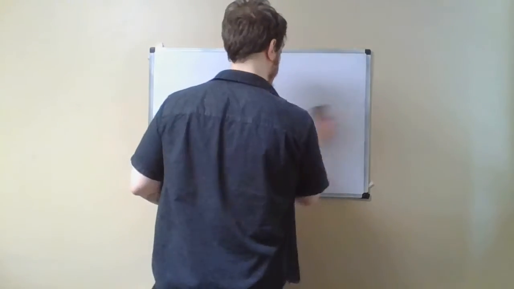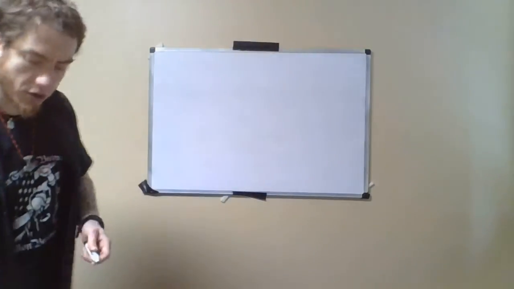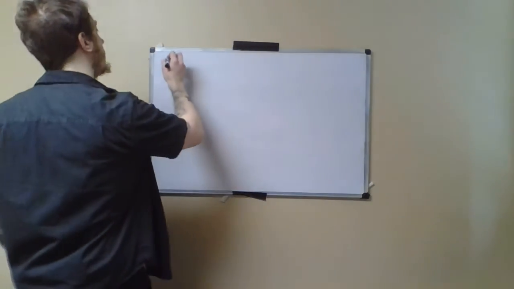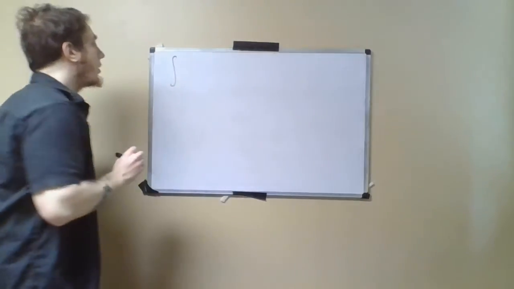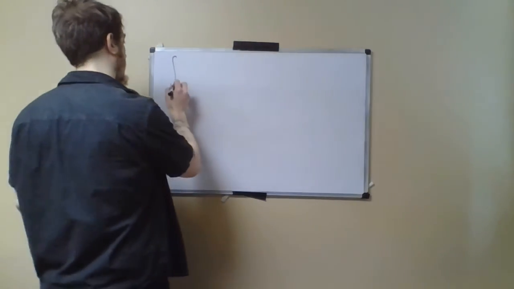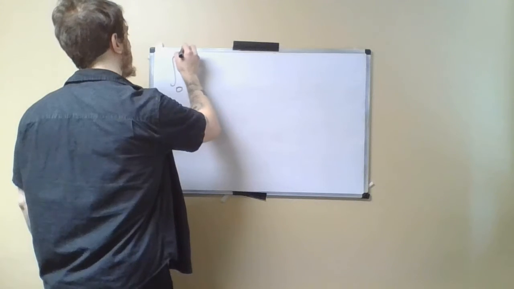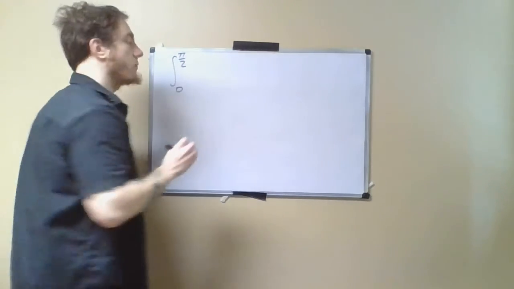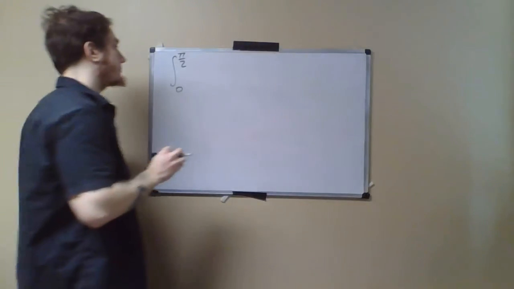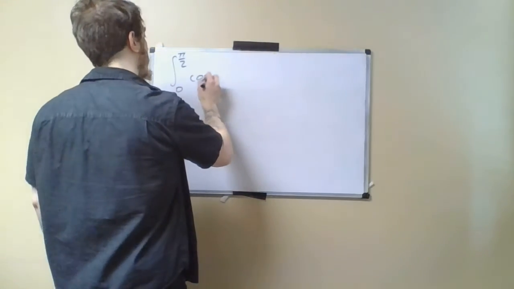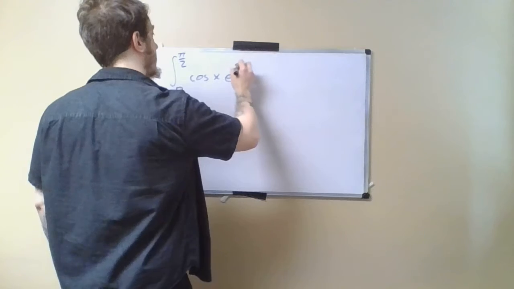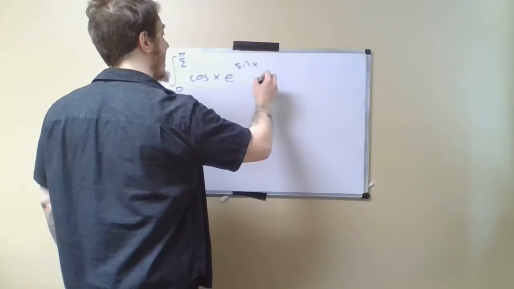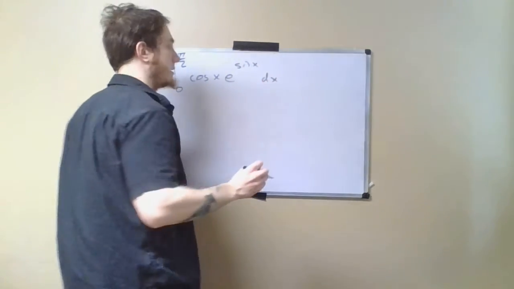Let us suppose that we are going to do the integral from 0 up to, let's say, pi over 2 of cosine x e to the sine x dx.